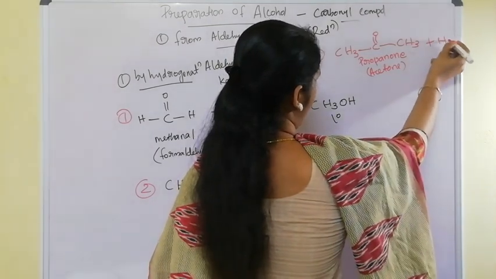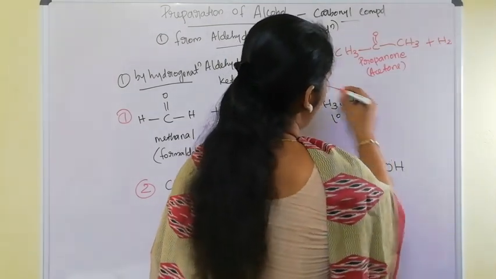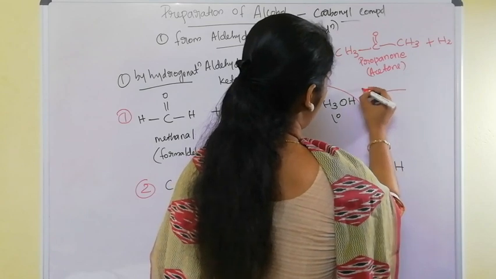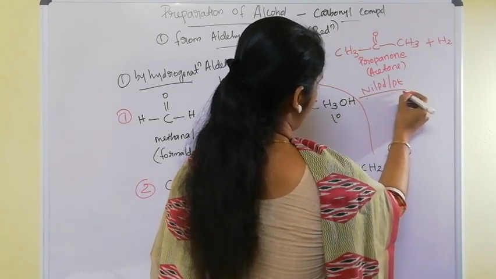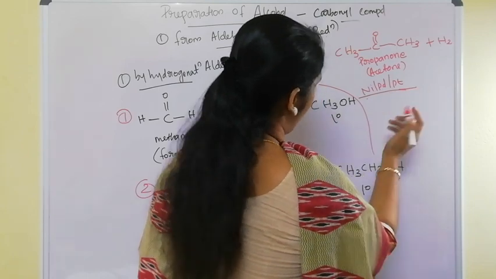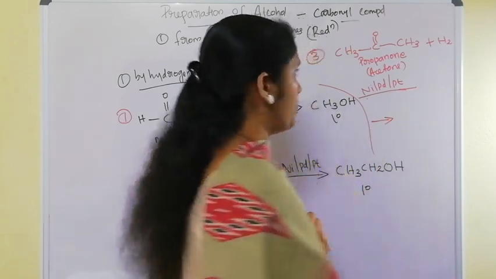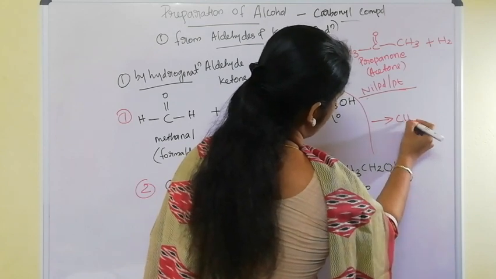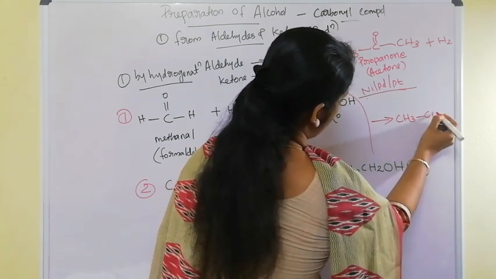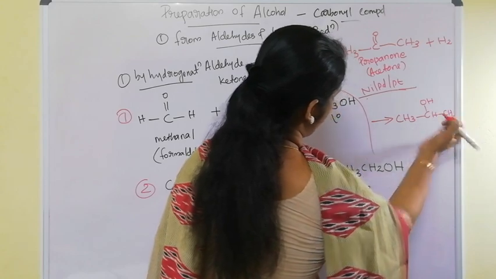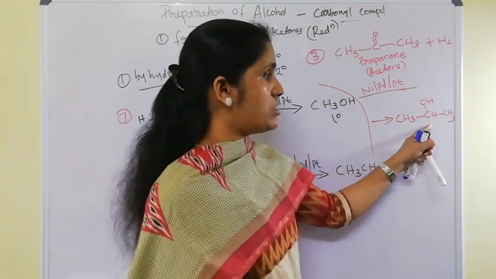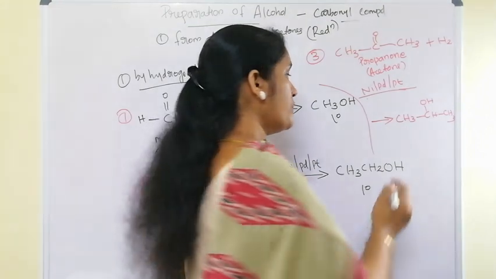So this propanone on hydrogenation, we know the hydrogenation takes place in presence of nickel, palladium or platinum. Then we will get the product as CH3CHOHCH3.